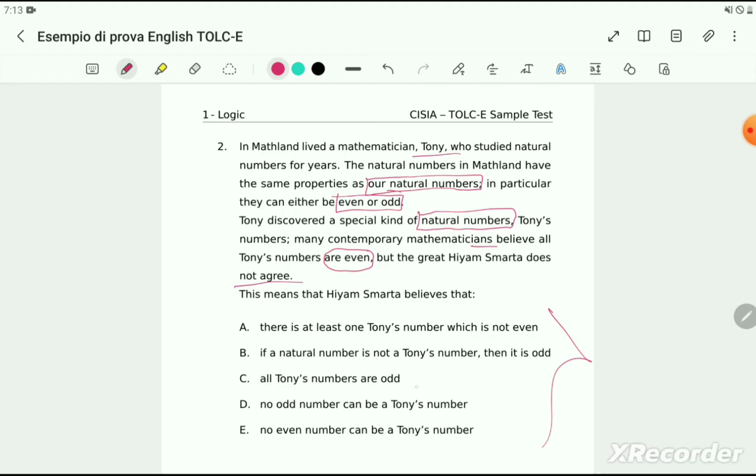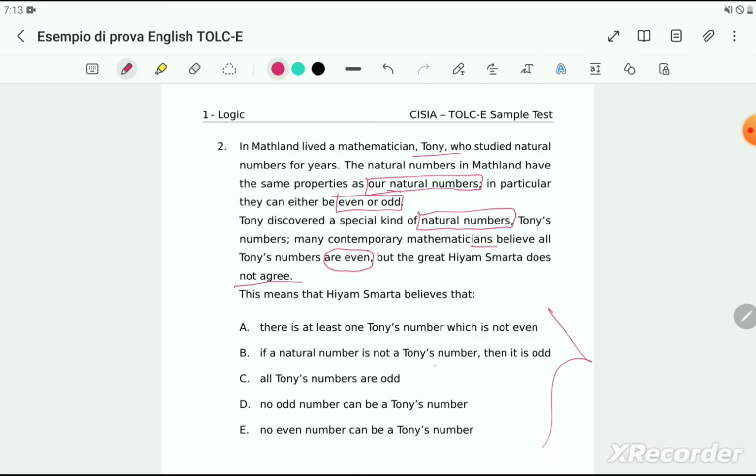So Mr. Tony studied natural numbers for years, and finally he said that he discovered some numbers and named them Tony's numbers. Many other mathematicians believe Tony's numbers are all even, but they are disputed.